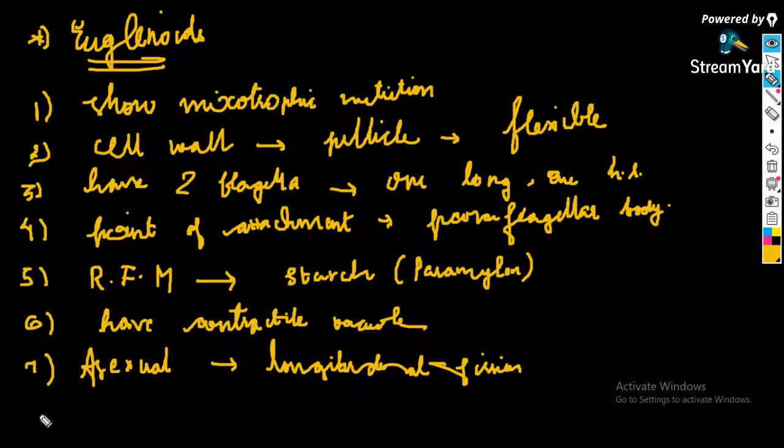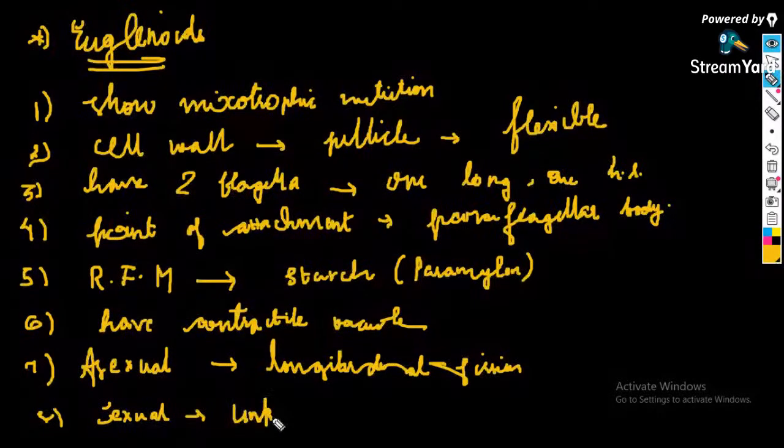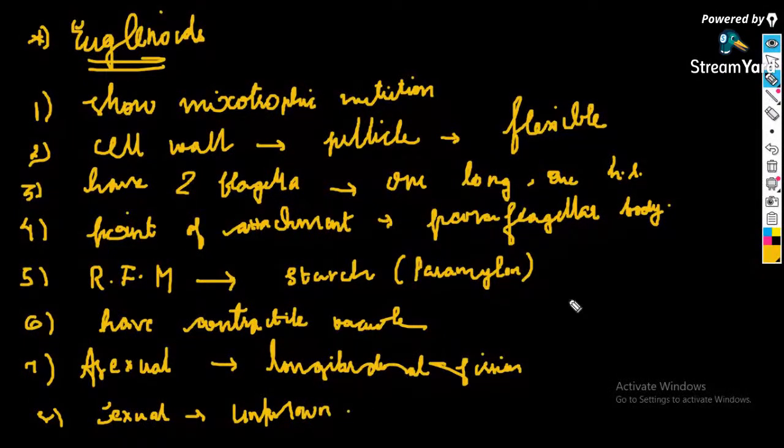Then, eighth point, sexual reproduction. It is still unknown. They show sexual reproduction, but how they show sexual reproduction is still unknown. It's not yet discovered. Okay. Is that clear?